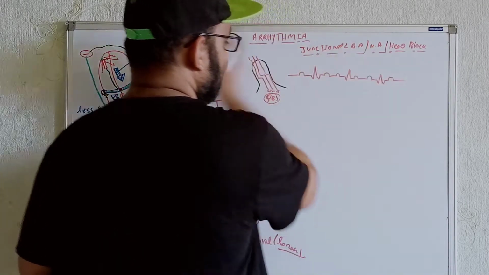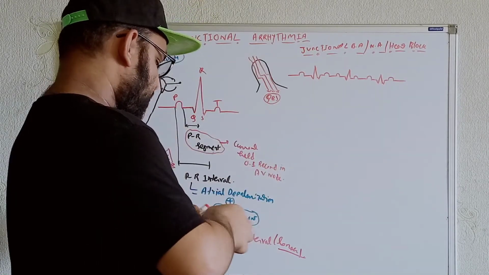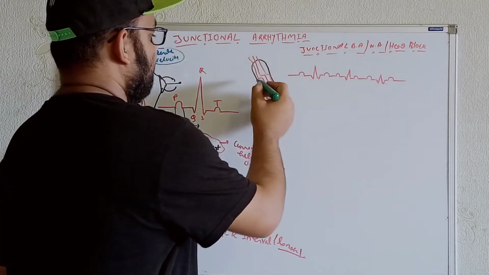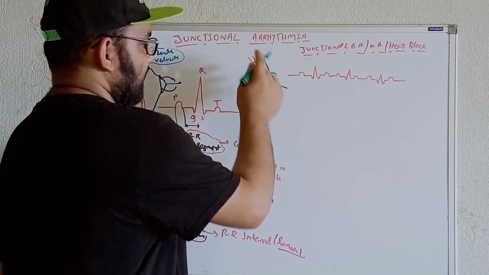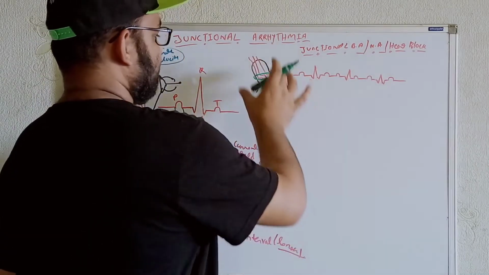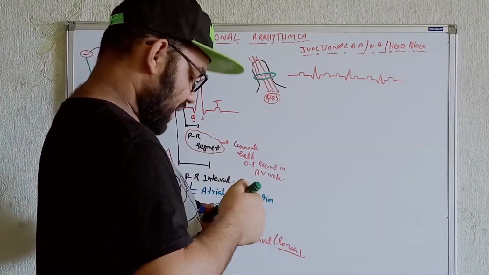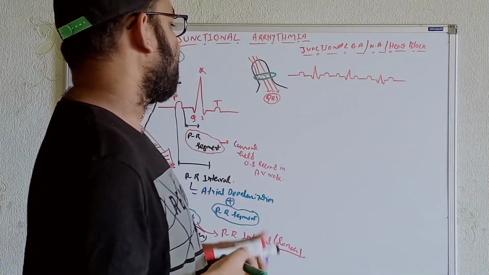Normally, okay. So under normal circumstances, this is the AV nodal part. From the SA node, the cardiac impulse is coming. It is causing the depolarization of the AV node. After that, it is sent within the ventricles for producing the QRS complex over here.